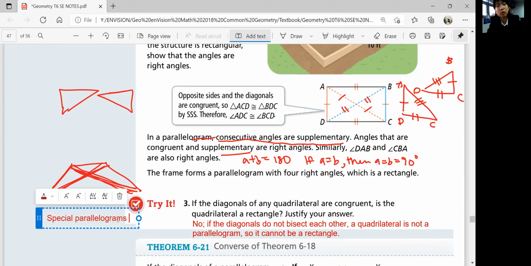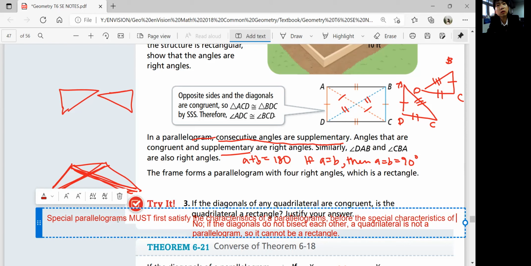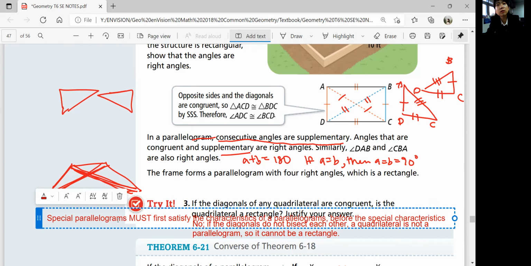Parallelograms must first satisfy the characteristics of a parallelogram before they can be the special parallelograms, obviously.